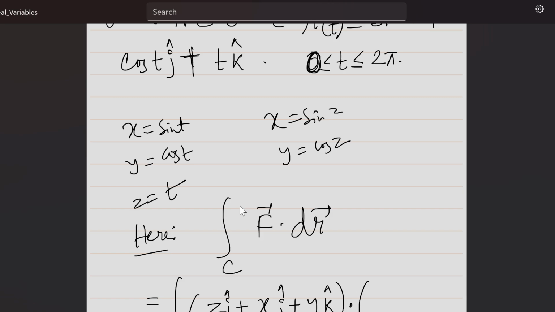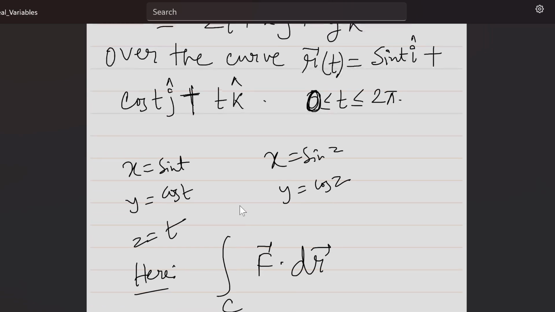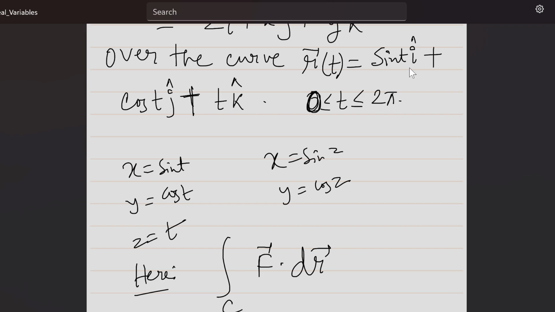dr means dx i plus dy j plus dz k, but here r is given as sin t i plus cos t j plus t k. So what is dr? The derivative of sin t is cos t, the derivative of cos t is minus sin t, and the derivative of t is 1. Understand?